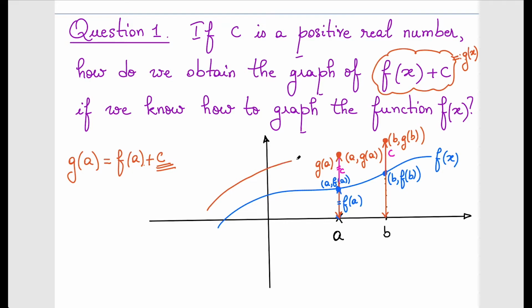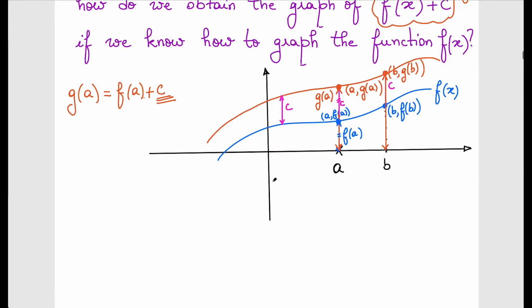So you're going to have something like this, okay? With a grain of salt, obviously, but the idea is you're going to shift the graph of f upward c units. So this shift is c across the board.